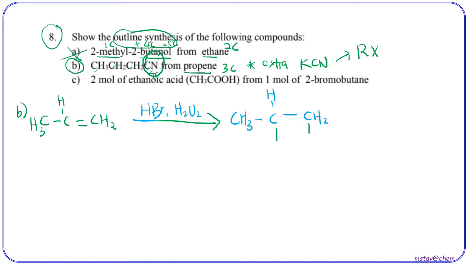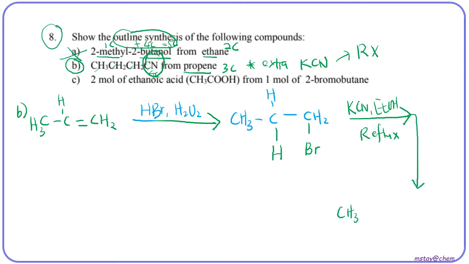Because of the anti-Markovnikov rule, the hydrogen will attach to the carbon with less hydrogen, and the nucleophile will attach to the carbon with more hydrogen. Then next we react the haloalkane with KCN with the presence of ethanol, reflux. So CH3CH2CH2, the Br will be replaced with the CN. So we produce the structure as requested in question B.